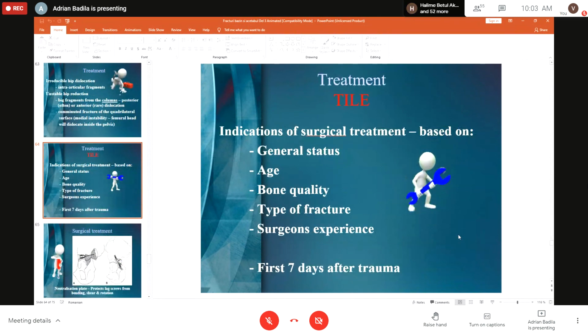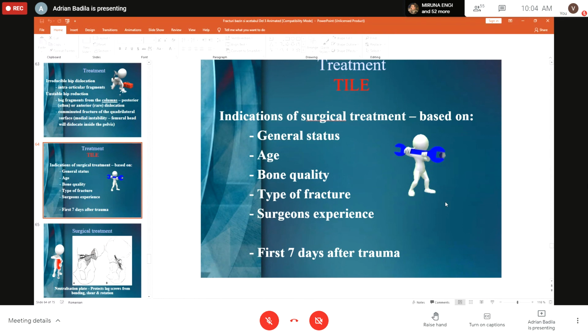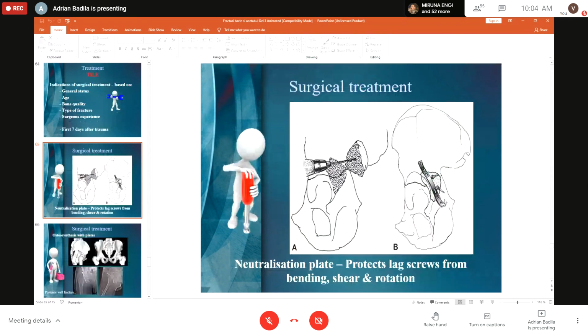The treatment of acetabular fracture is based on the general status of the patient, the age of the patient, the bone quality, the type of the fracture, and the surgeon's experience. This treatment must be performed in the first 7 days after trauma. The treatment consists in reduction and osteosynthesis with screws and/or plate.